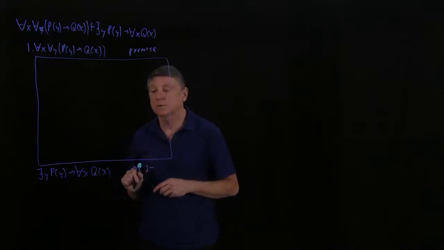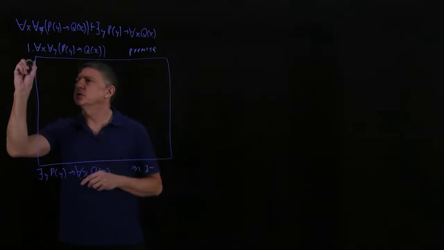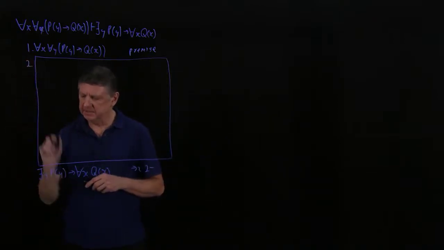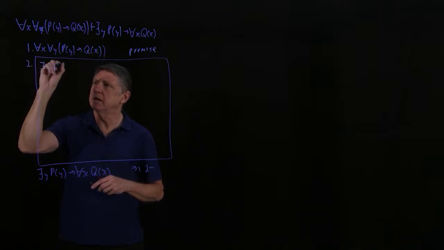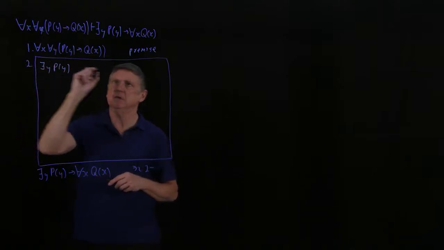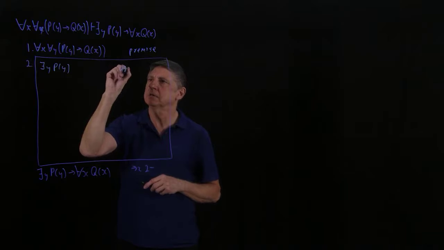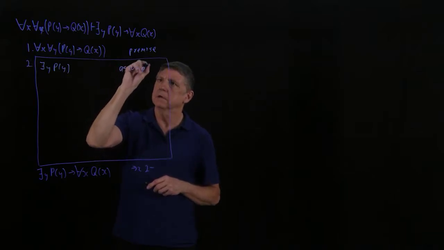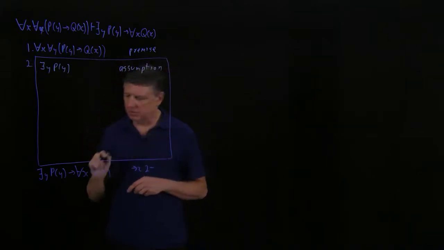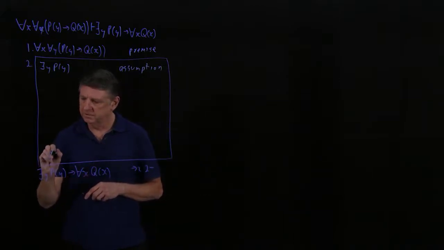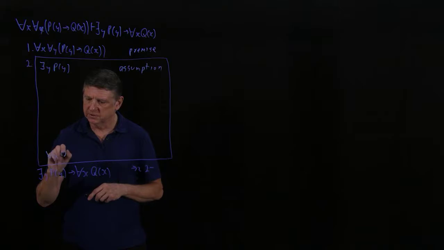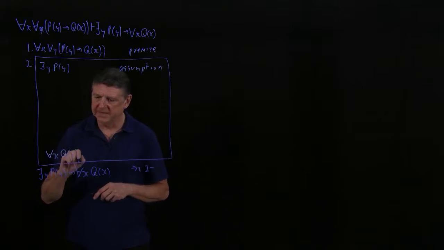I don't know how far it'll go. And at line 2, I take the antecedent and assume that. So that is, there exists a y that is p. So that's an assumption. And I take the consequent and I write that as my goal formula, which is for all x, q of x.